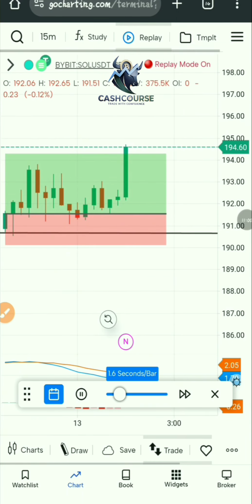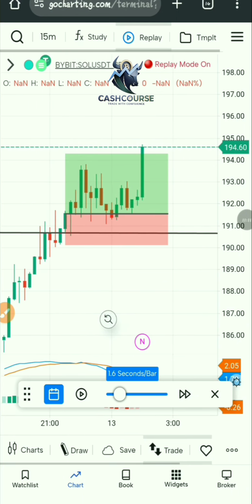So guys, as you can see, I have taken profit on the 15 minutes time frame. It's so simple that anybody can be able to do this.